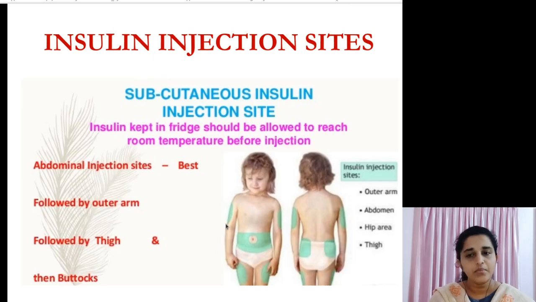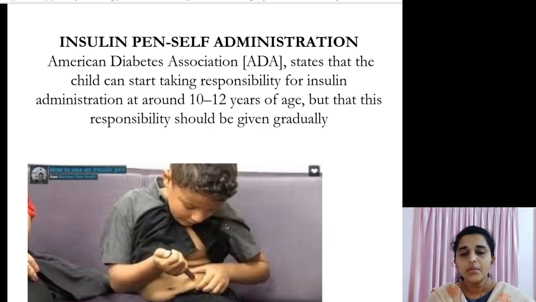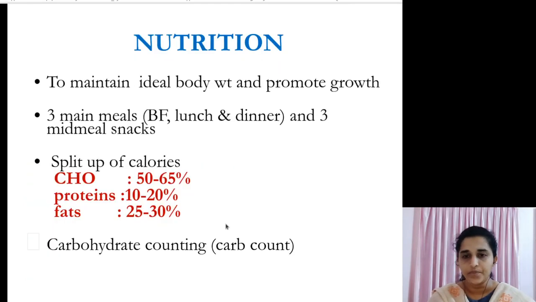So it is very important that we rotate the sites. The American Diabetes Association states that a child can start taking responsibility for insulin administration at around 10 to 12 years of age, but this responsibility should be given gradually and according to the growth and development of the child. So it is our responsibility to teach the child self-administration of insulin.